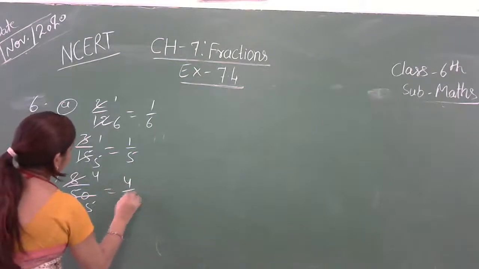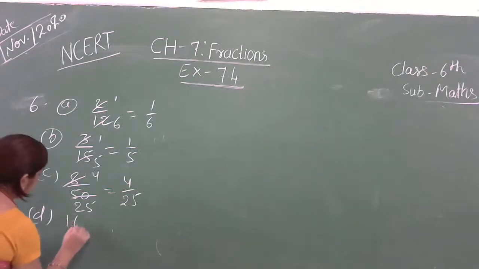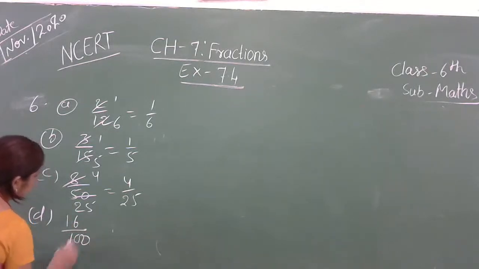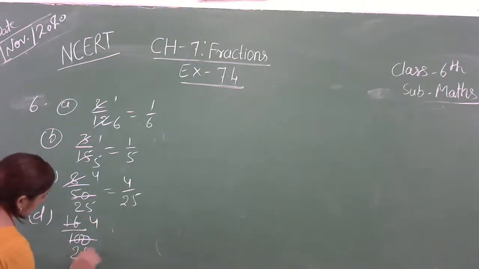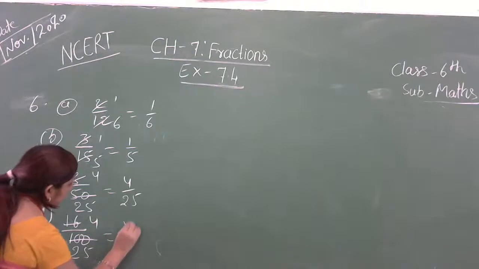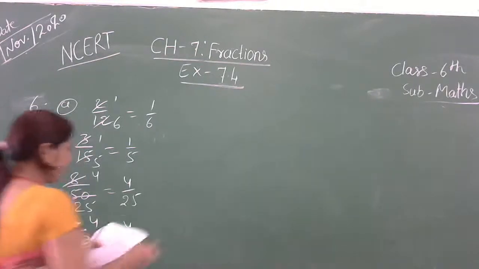You will get 4/25. Now D part: 16/100. 4 4s are 16, 4 2s are 8, 4 5s are 20. Again you will get 4/25.